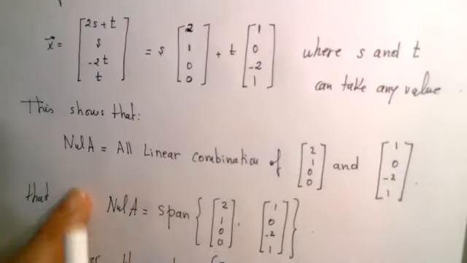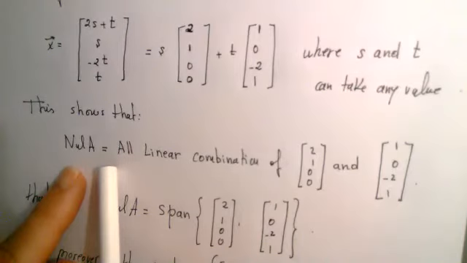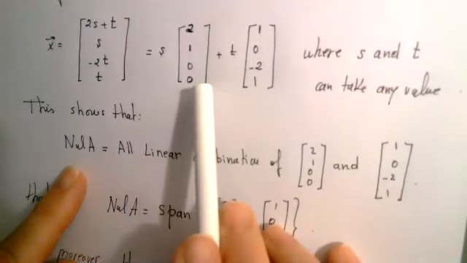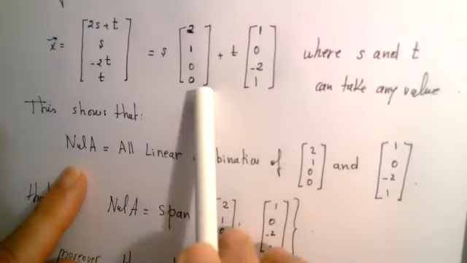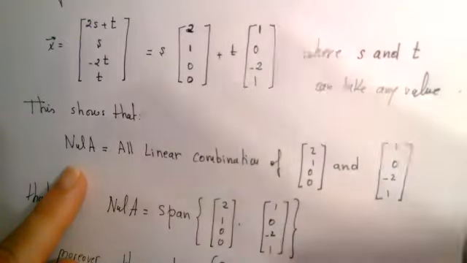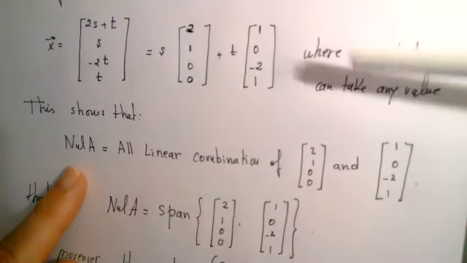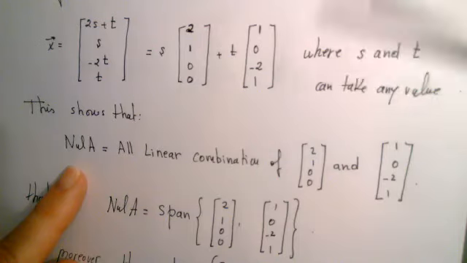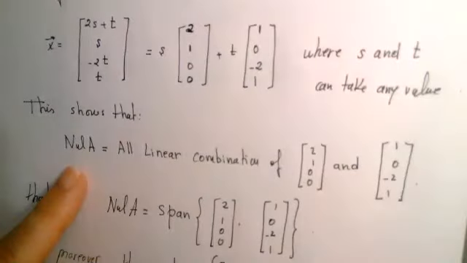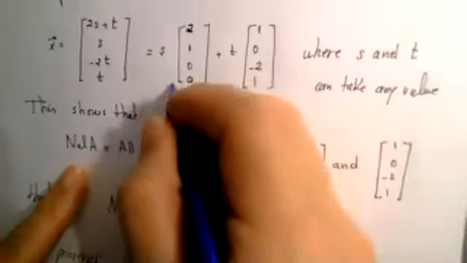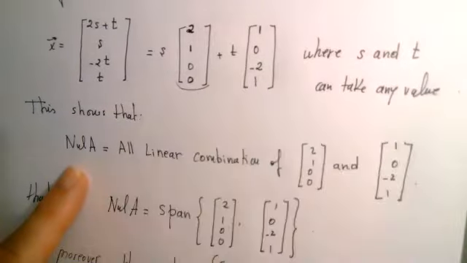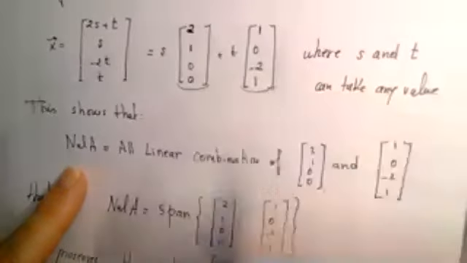Everything in the null space is a linear combination of this vector and that vector. So this way of writing it in parametric vector form tells me the important information that any vector that solves Ax equal to 0 is a linear combination of that and that.